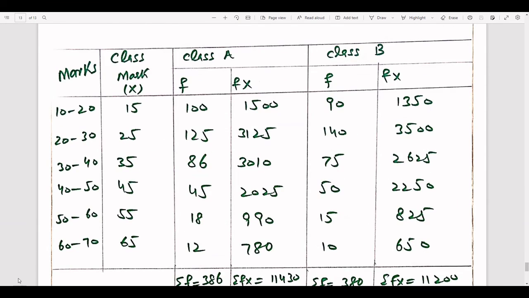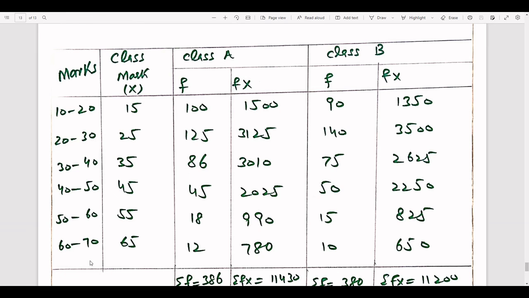So here are the marks and we find class marks. Lower class 10 plus upper 20, 30 divided by 2 is 15. 20 plus 30, 50 divided by 2 is 25. 30 plus 40, 70 divided by 2 is 35. 40 plus 50, 90 divided by 2 is 45.